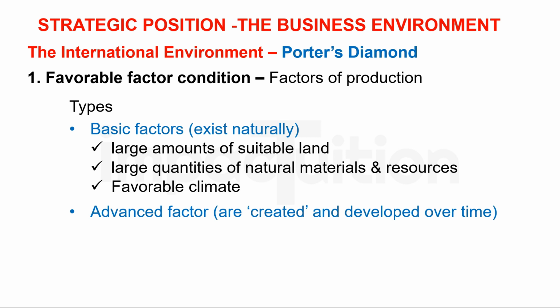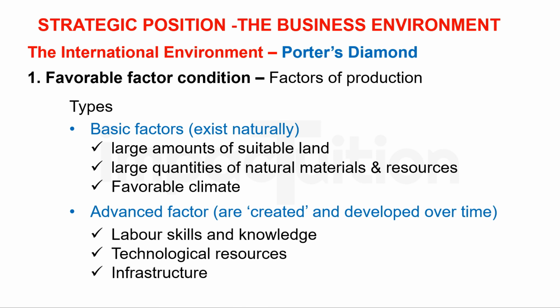The advanced factor conditions are created and developed over time. Examples are labor, skills and knowledge, technological resources, and infrastructure. These do not exist naturally, but are created and developed over time.